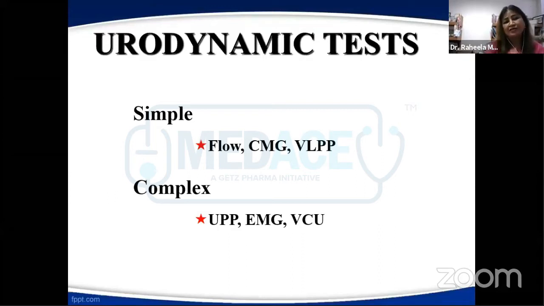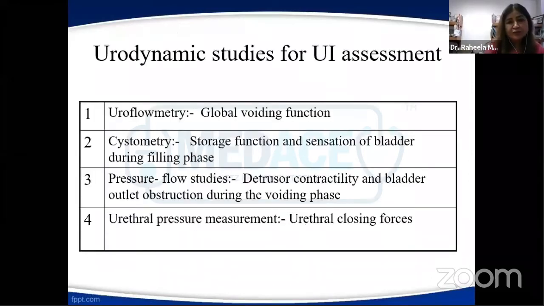So which urodynamics? The simple one, UFM, CMG, VLPP is my favorite to establish a diagnosis of urodynamic stress incontinence. Because the female urethra is really short and urethral pressure profilometry is hard to perform, but sometimes I do it. And of course, EMG and video is an option. Ambulatory, we don't have it.